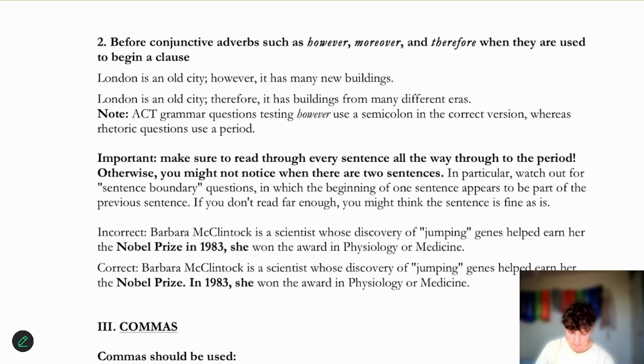Okay. This is an important note. We did discuss this in the previous video, but it's always good to reiterate it. Always read the entire sentence whenever you're doing an ACT English test. This is because you need the whole sentence to understand, one, the context of what's going on and how to pick the correct answer. But two, grammar changes on a sentence level.